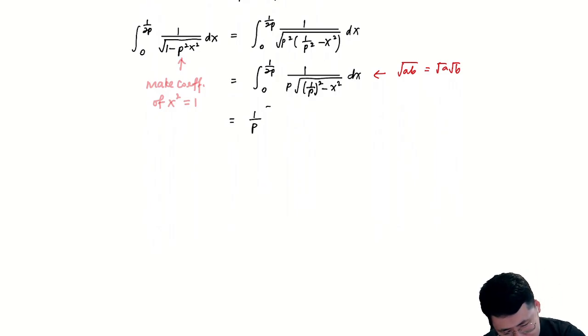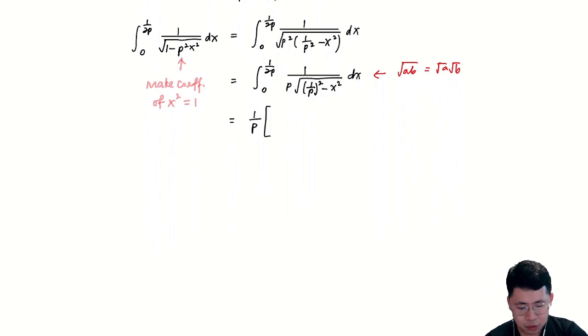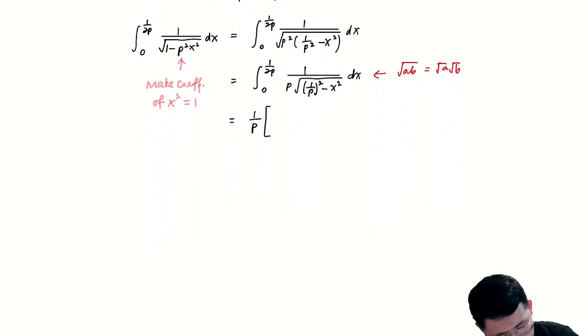The next step is, now I think we can integrate this function already. This one, you recognize the pattern, it should be sine inverse, correct? So this should be sine inverse of x over 1 over root p, from 0 to 1 over 2p.